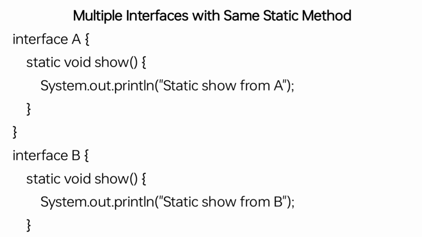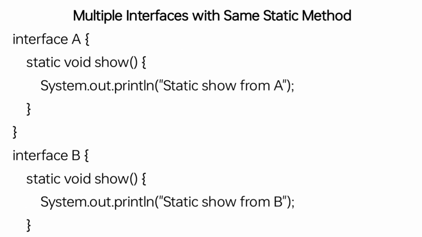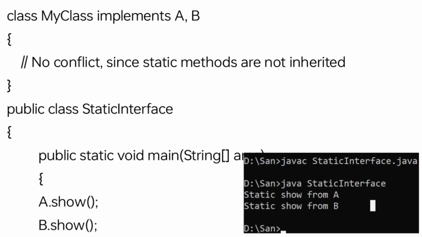Next, how multiple inheritance is invoked using interfaces. A and B are two interfaces. MyClass implements A and B. Here there is no conflict since static methods are not inherited.